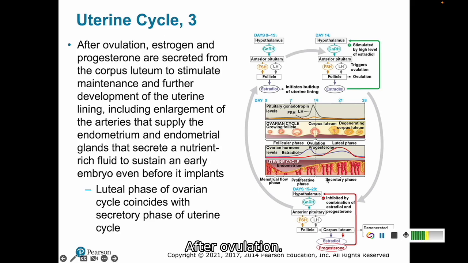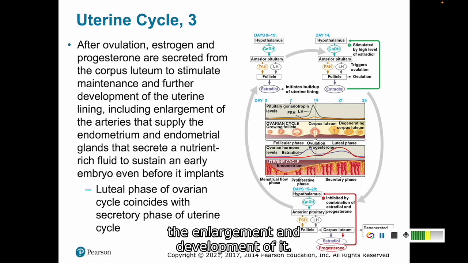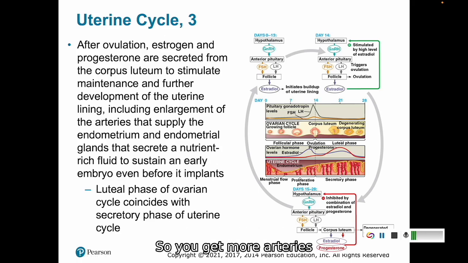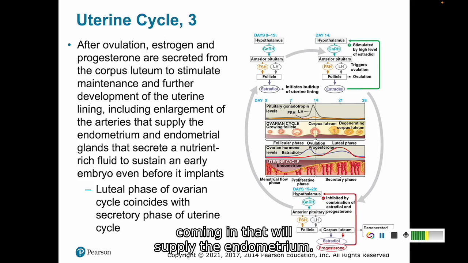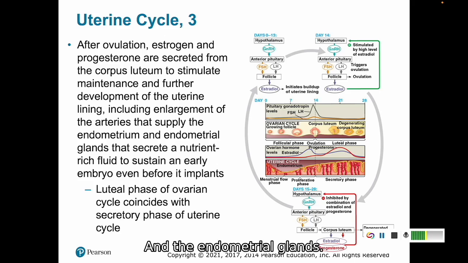After ovulation, estrogen and progesterone are being secreted by the corpus luteum, and that will stimulate the maintenance of this endometrium, and it even stimulates the enlargement and development of it. So you get more arteries coming in that will supply the endometrium and the endometrial glands with a greater blood flow.